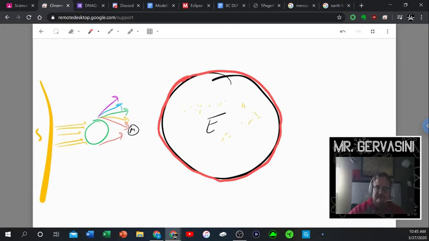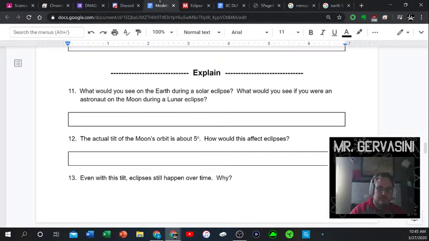Good guess? It's not. It's because the Earth's atmosphere acts as a prism, makes a rainbow. Red just lands on the moon. It's pretty cool. So you would see the Earth kind of outlined in red.